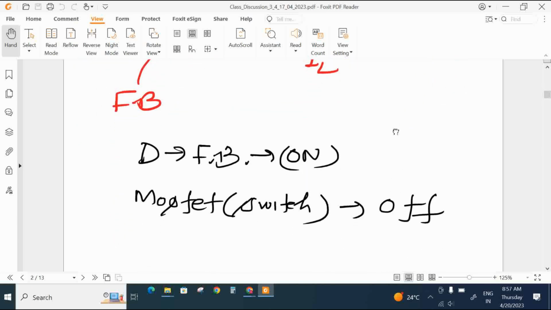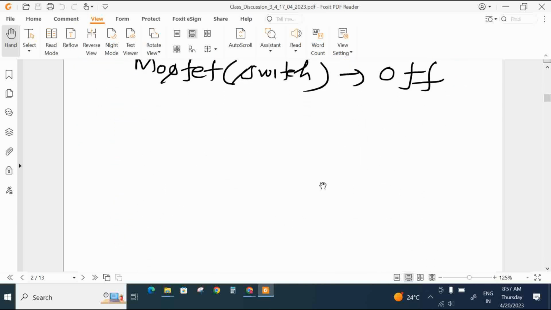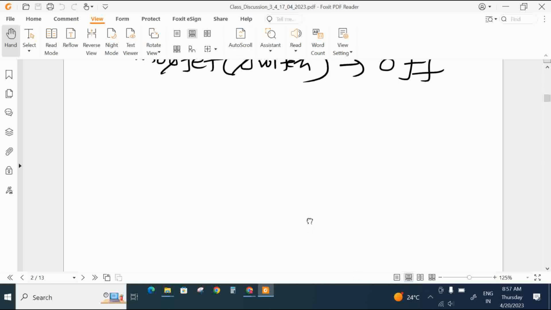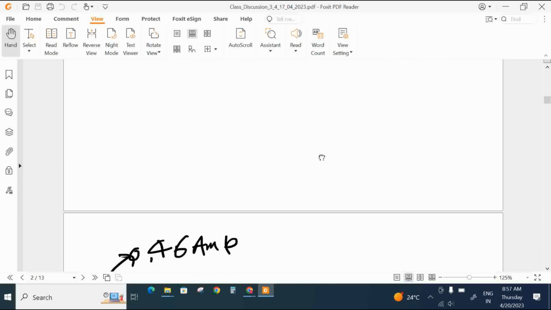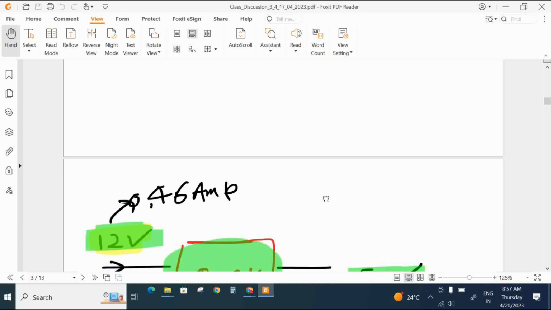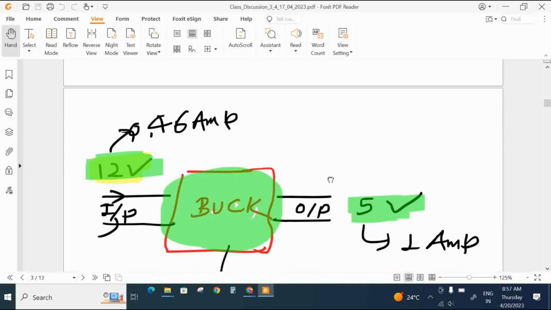As we already discussed, case 1 and case 2 happen like this. But again, if you have to calculate the efficiency and the input current of a buck converter, let's take an example.